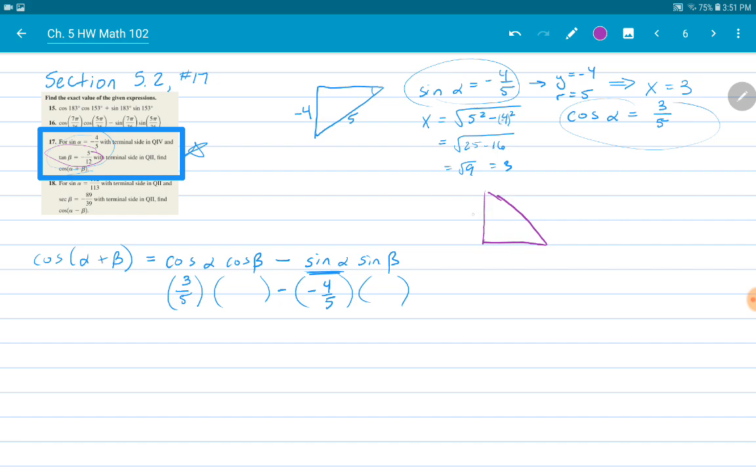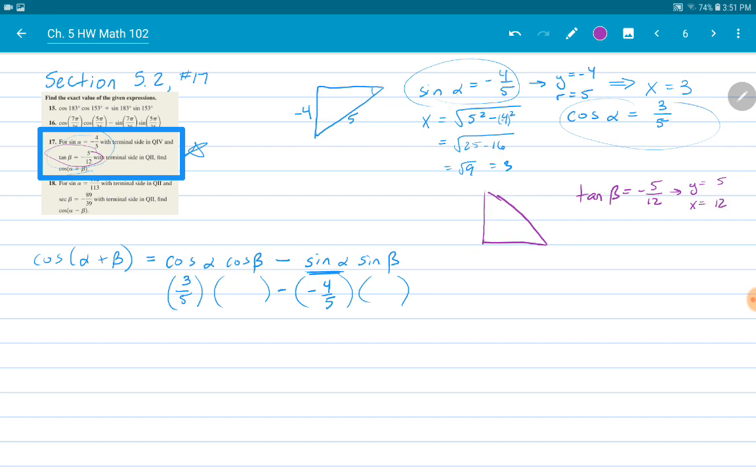So tangent of beta equals negative 5 over 12, gives me y over x. So y is 5, x is 12.